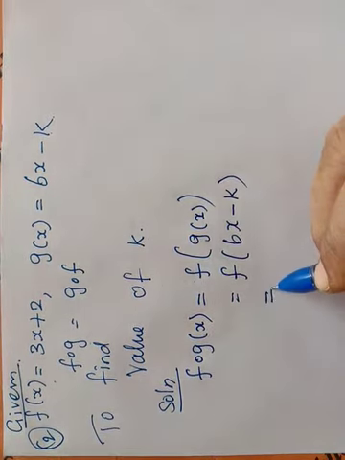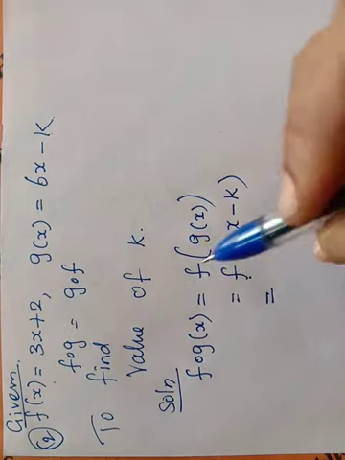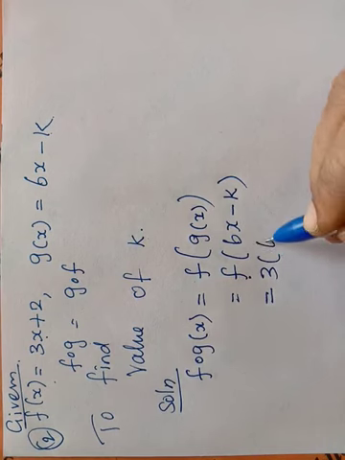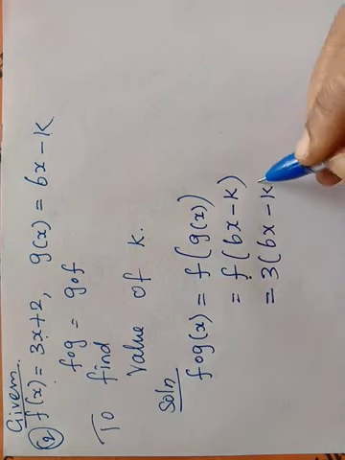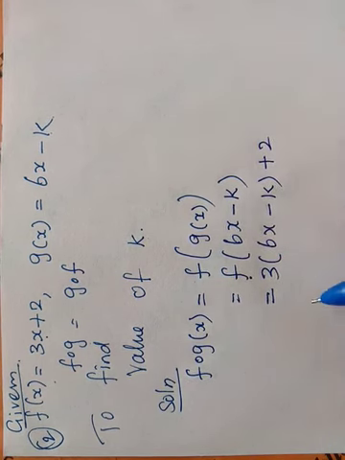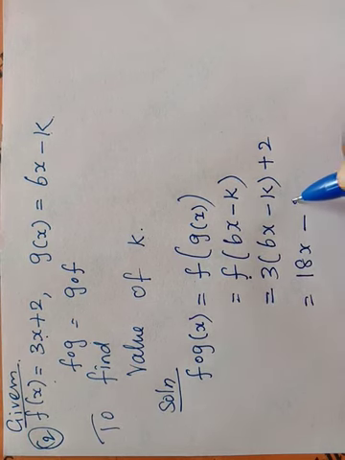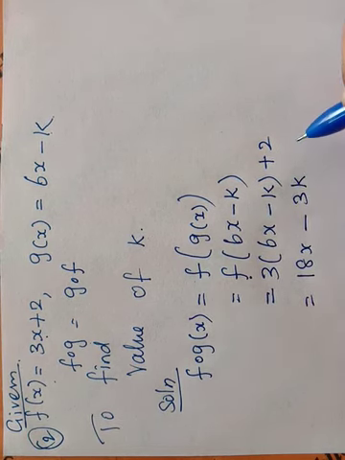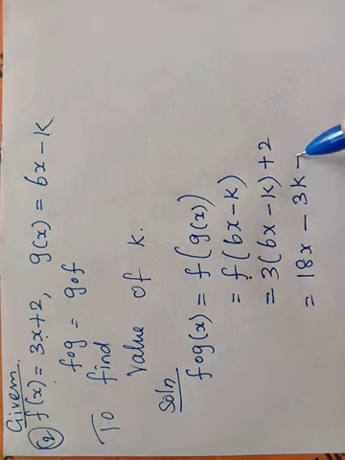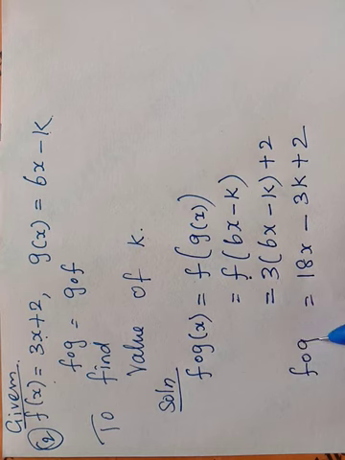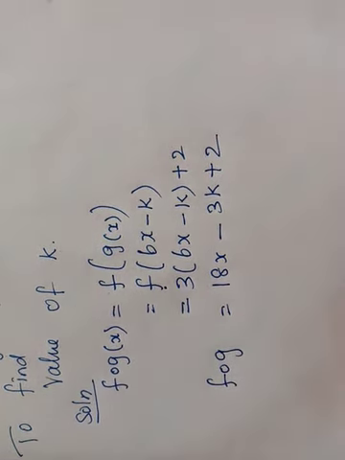You substitute that in the f function, which is 3x plus 2. So 3 into (6x minus k) plus 2, that is equal to, with inside multiplication, 18x minus 3k plus 2. That is your f composite g. And then, what do you want to find out next?